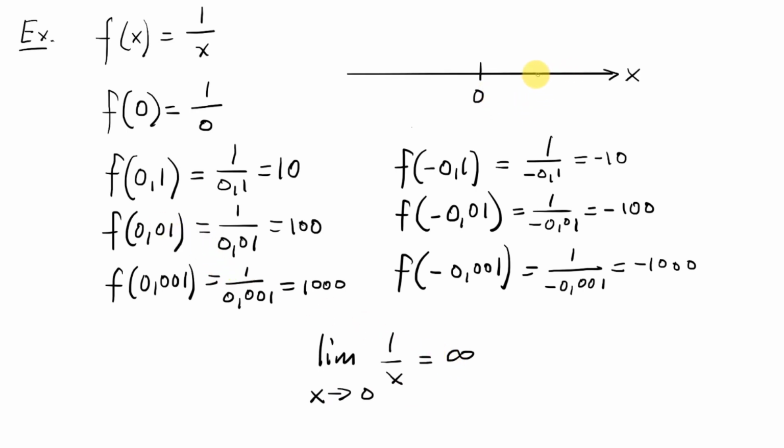That is, if we come closer and closer to 0 on the x-axis from the right. However, it goes to minus infinity when we approach 0 from the left. And since we have two different limits when x goes to 0 depending on which direction, we say that the function does not have a limit.